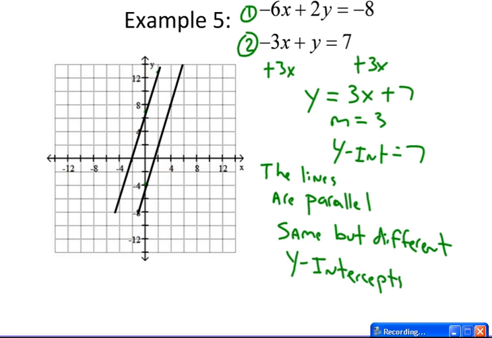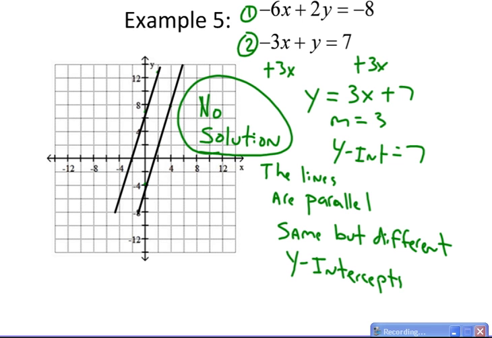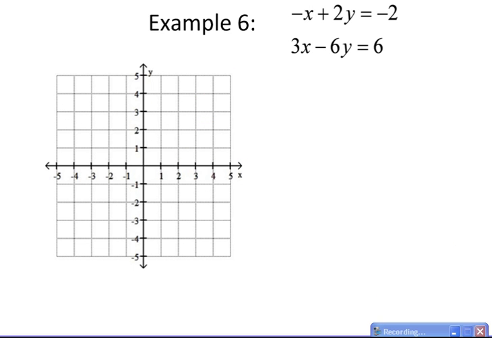So the final answer is no solution. There isn't an ordered pair that you can put into both equations that will make this system of equations true. All right, I'm going to leave example 6 for you to try.